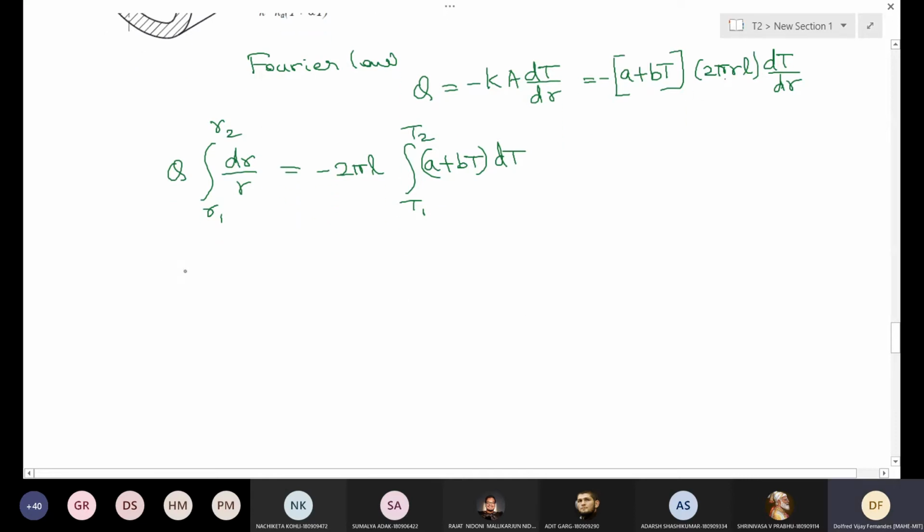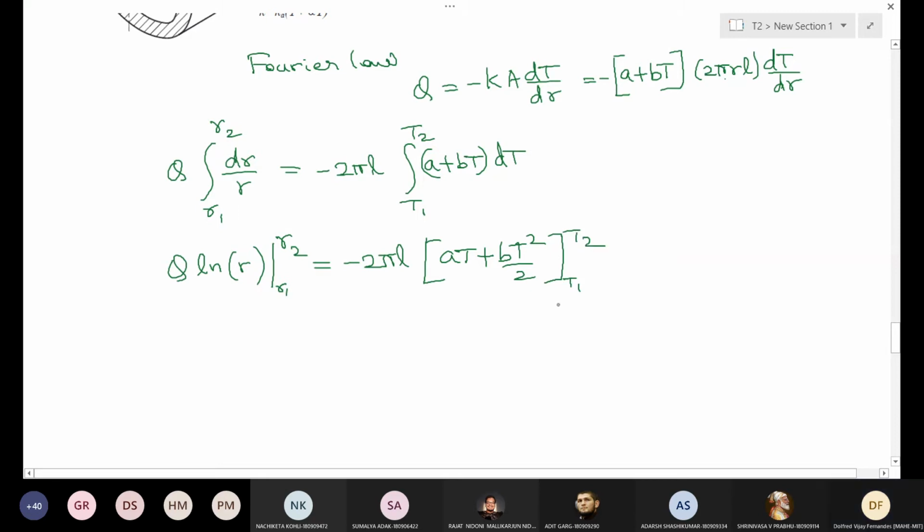Same thing, you did it before. We get this as ln r, apply the limits R1 to R2, minus 2 pi L. When you integrate, you will get AT plus BT squared by 2. Apply the limits T1 to T2.